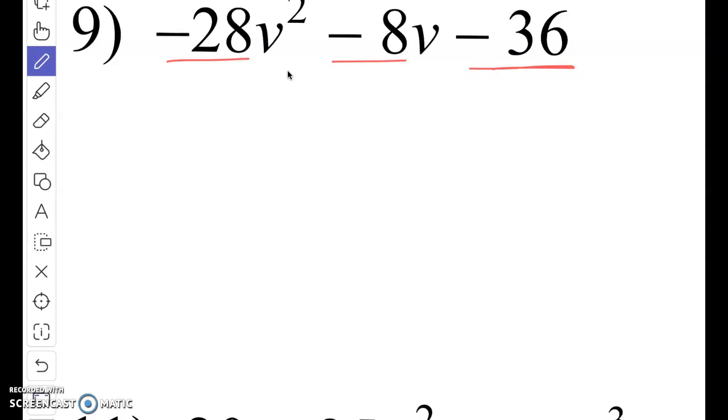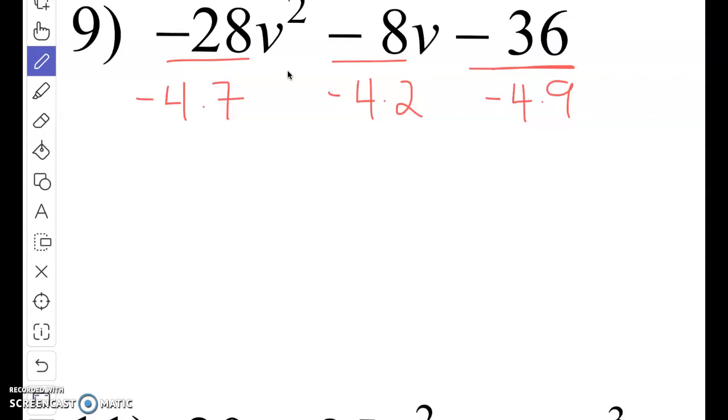They're all even numbers. -2 would come out. -4 would come out. I think -4 would be the biggest number, because I could write this as -4 times 7. This would be -4 times 2. And this would be -4 times 9. So I know they all have a -4.